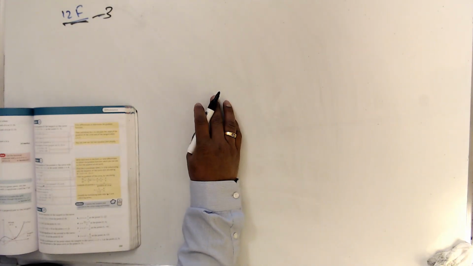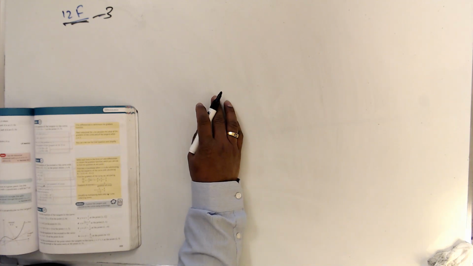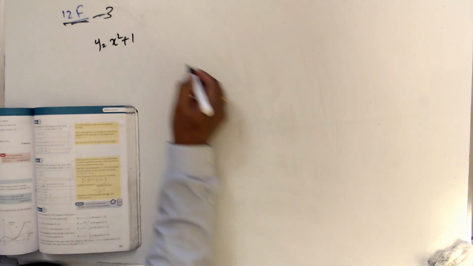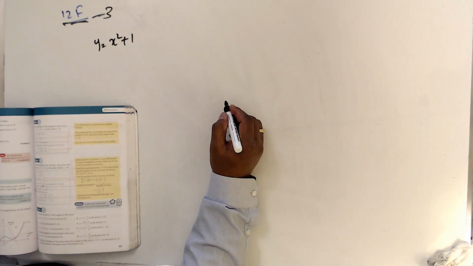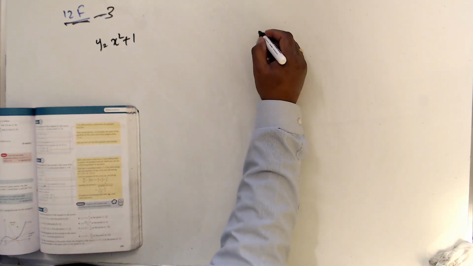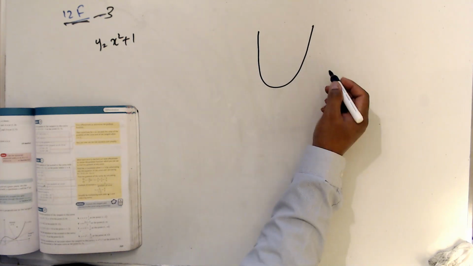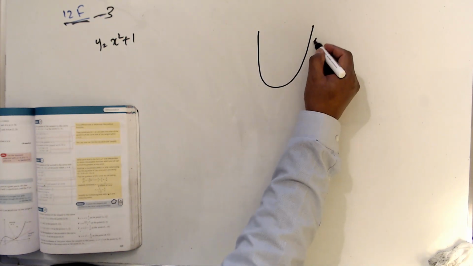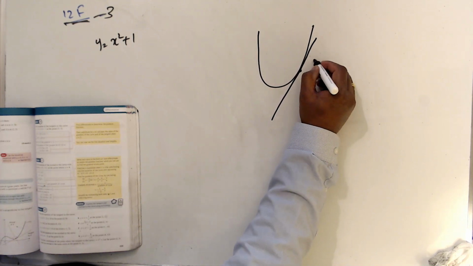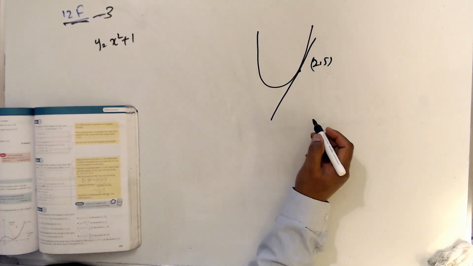Question number 3. Find the coordinates of the point where the tangent to the curve y equals x squared plus 1 at point (2, 5) meets the normal to the same curve at the point (1, 2). So you have the curve and you have a tangent, and that tangent point is (2, 5), right?